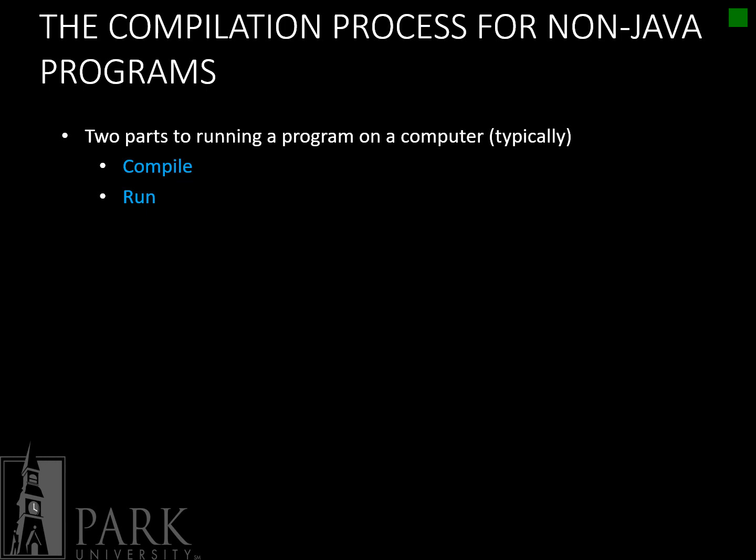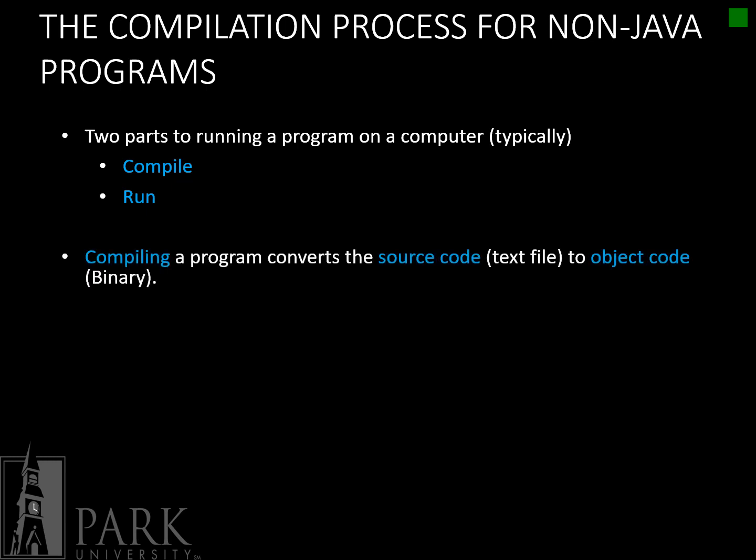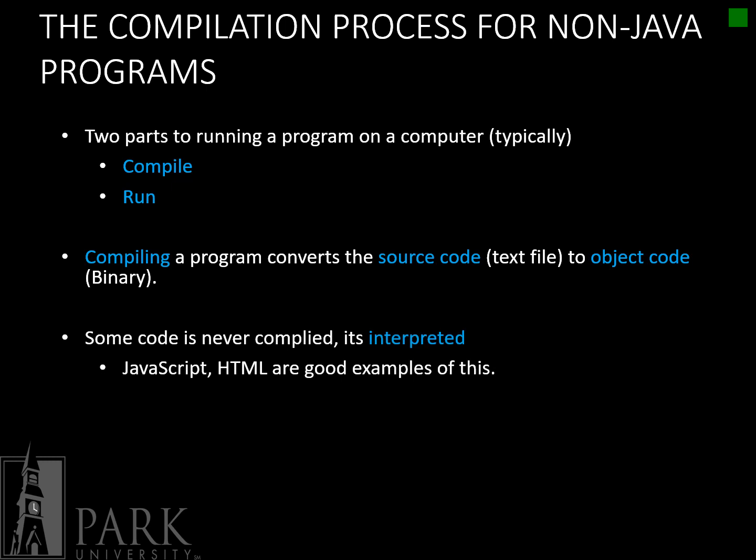So what exactly does the compiler do? Well, it converts the source code, as I said, from a text file into object code, which is binary, and those are important terms to remember. Source code is your original text document that you type out, and object code is what you get after compiling a program. And some programming languages aren't actually ever compiled, and they're interpreted, which means it goes line by line and it reads it and then translates it and then executes it right away, whereas a compiled program has to be compiled first.